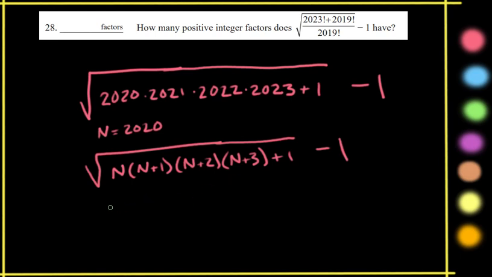So for example, let's say I set a to be equal to n times n plus 3. That's equal to n squared plus 3n. That's going to be the product of this one and this one. And this other one here is, let's see.